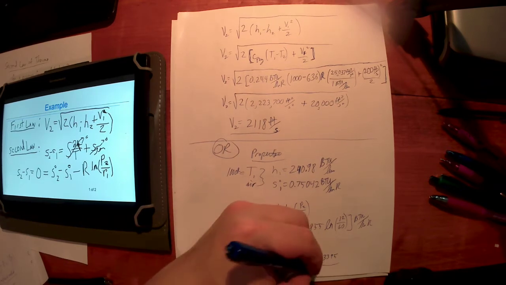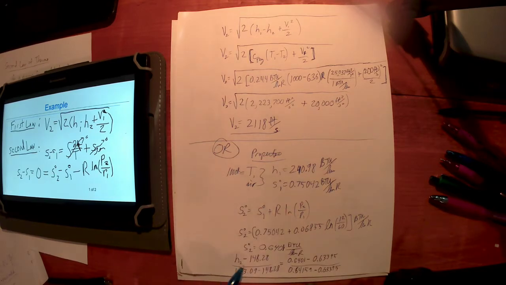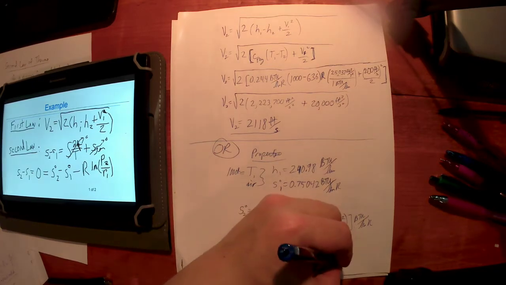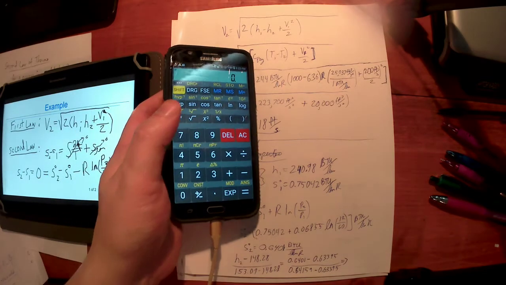So my s degree value is between these two, which show up on the table, which means my h value is going to be between these two. So it's going to be between 640 and 620 Rankine. That's what we expect from the last problem that we worked.